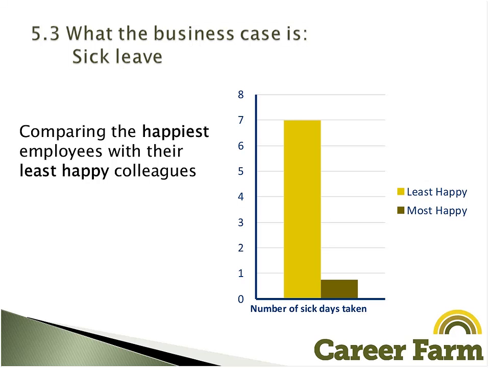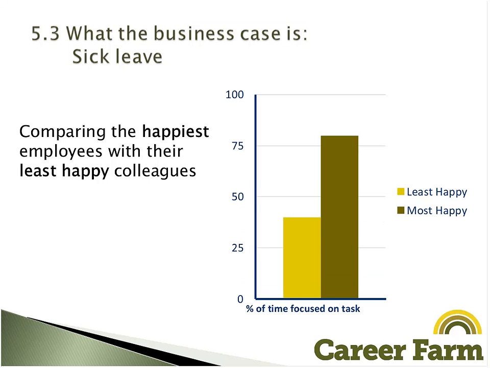That's a piece of research that's been out there since the 70s. We're more prone to get ill when we're unhappy. Our cortisol levels are higher and therefore we're more vulnerable to viruses. So we know that people who are unhappier are sicker. And by the way, we took public sector data out of that because it was really contaminating the database. Public sector data is much, much higher. So that's the second reason why we might want to think about keeping people happy in their workplace.